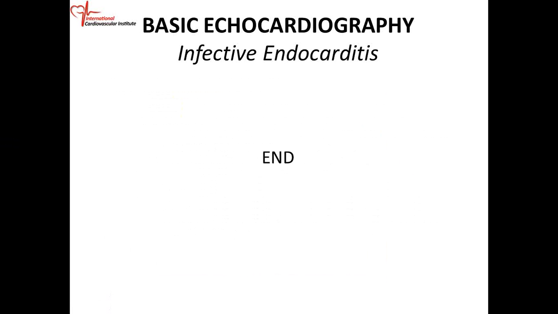Okay, for a definitive diagnosis, you use 2 major, or 1 major and 3 minor, or 5 minor. So you have to know the criteria. Okay, and then the complications. All right, so once you know these, then you should be fairly comfortable.